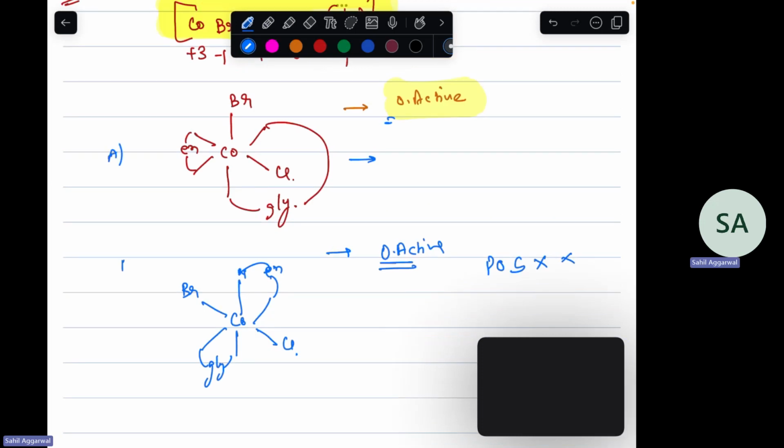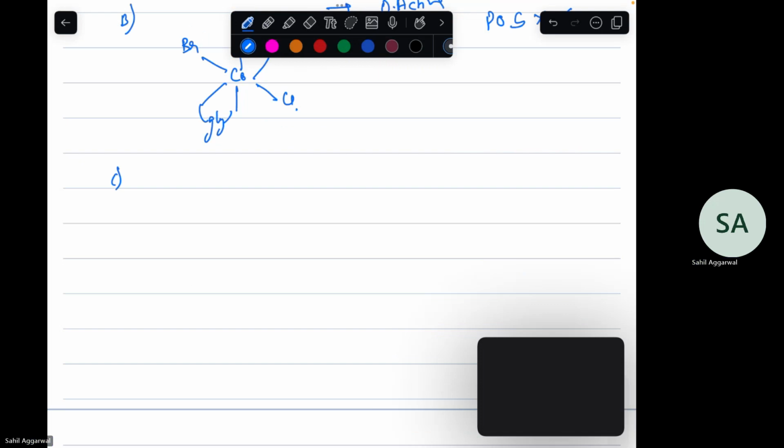That was case A, B. C. If positions 2, 6 and 5 are occupied by nitrogen atoms as donor sites, then it is a trans isomer.